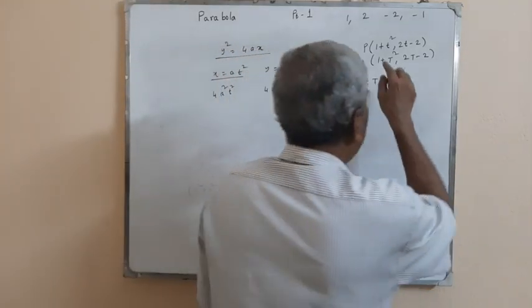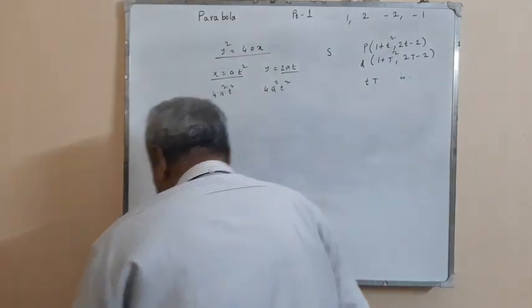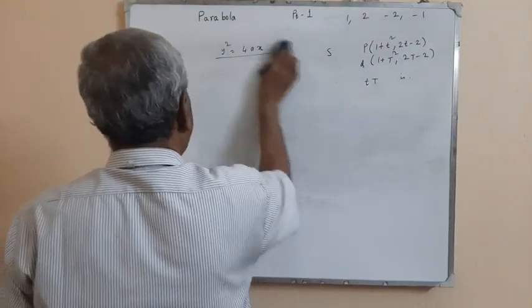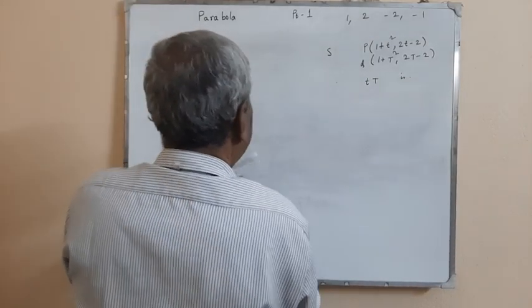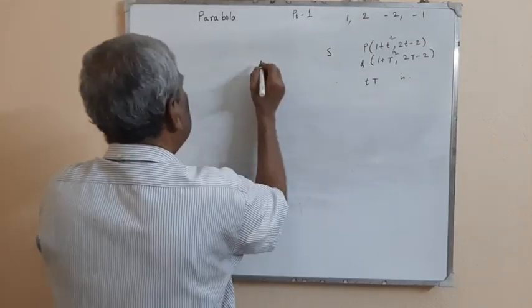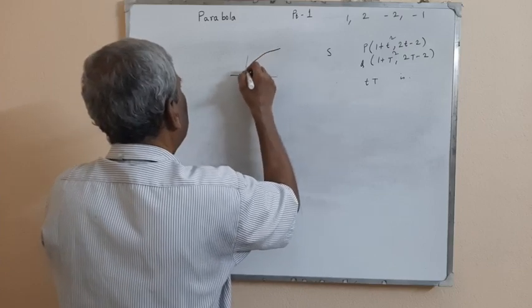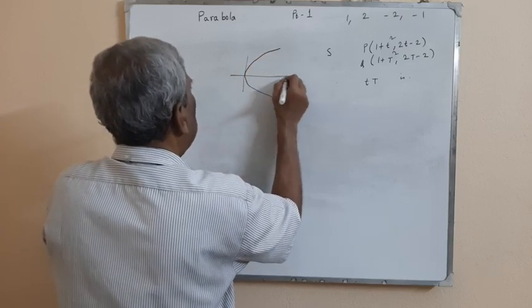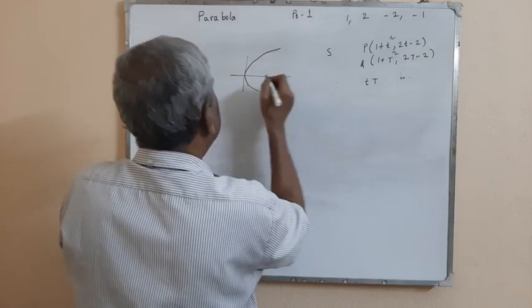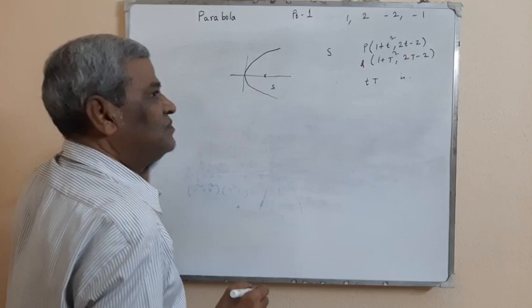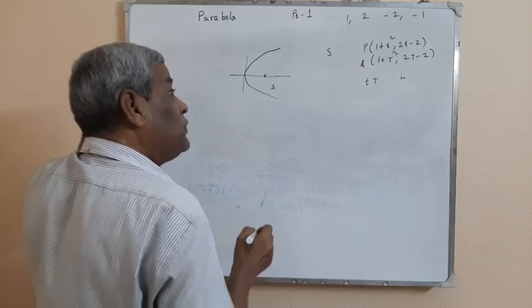Here also, I draw it first. One parabola is given, its focus is given as S, and PQ is a focal chord.